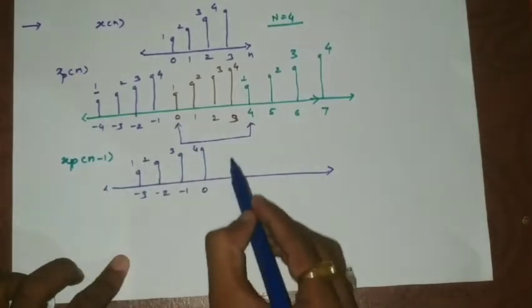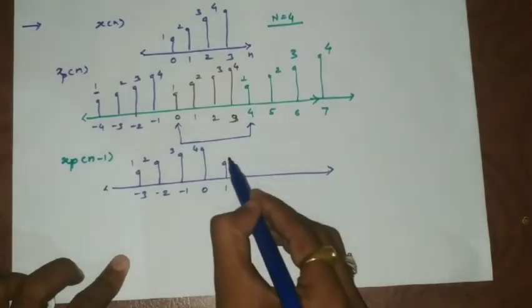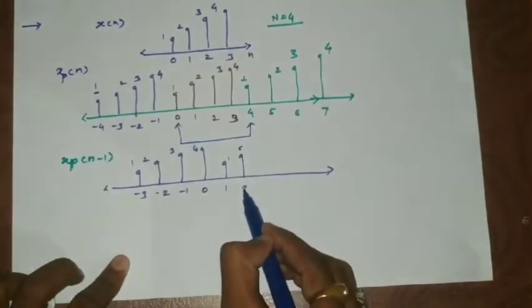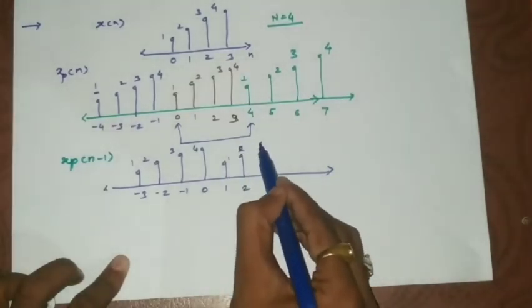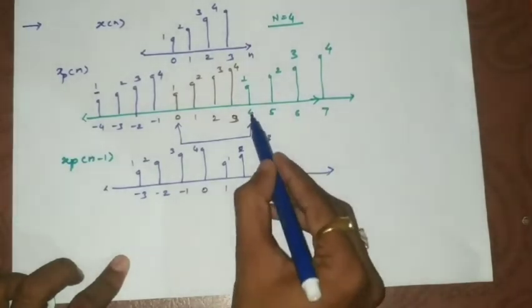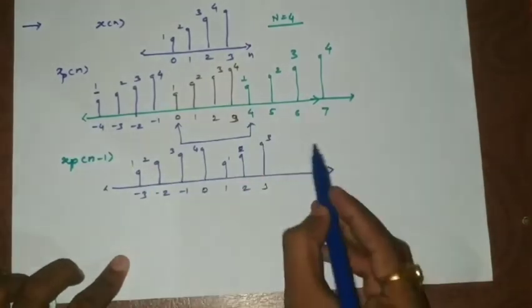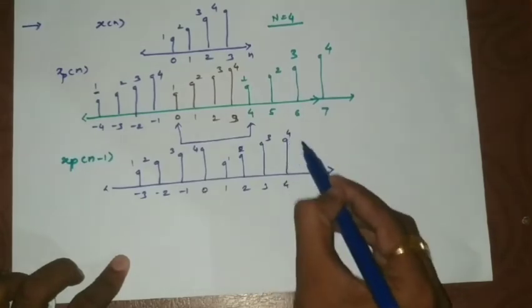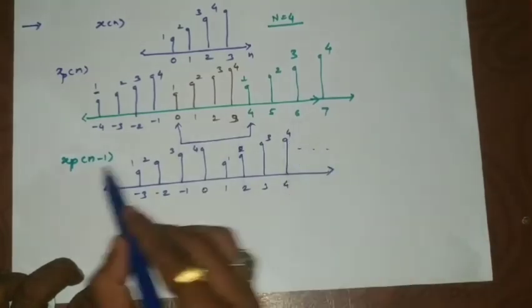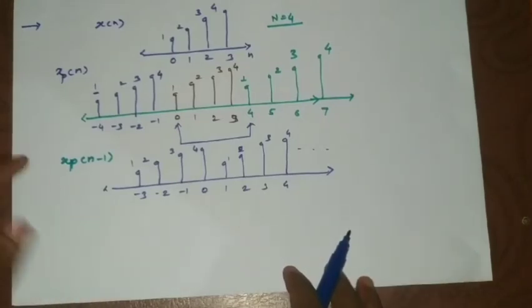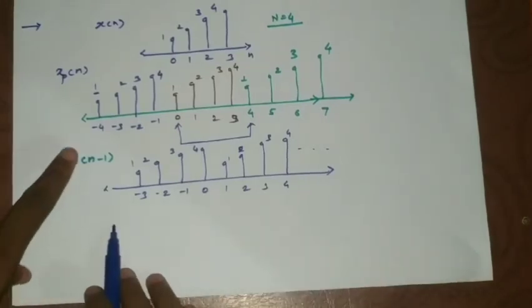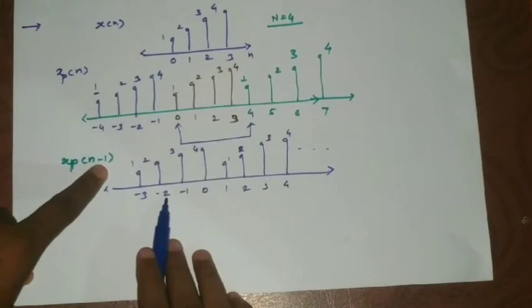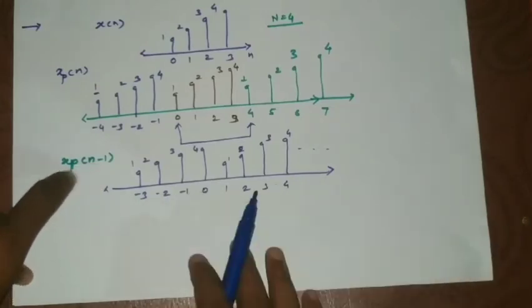Again 0 plus 1 is 1, so it will start with 1, then 2, then 3, then 3 plus 1 will be 4, and so on up to 7 plus 1 as 8. Similarly, when I shift it by 2 units, minus 4 plus 2 will be minus 2. That means it will be shifting towards the right side.